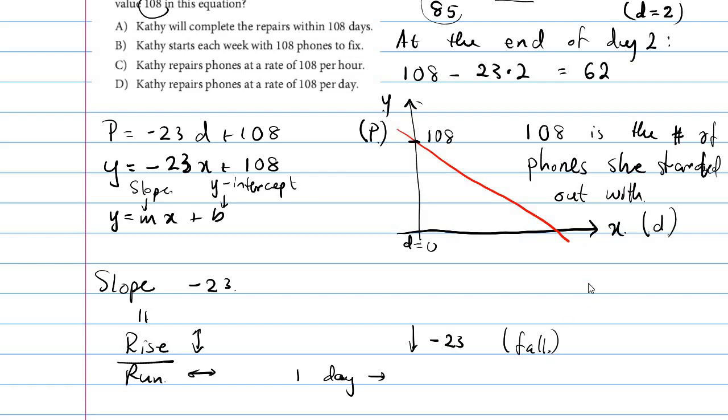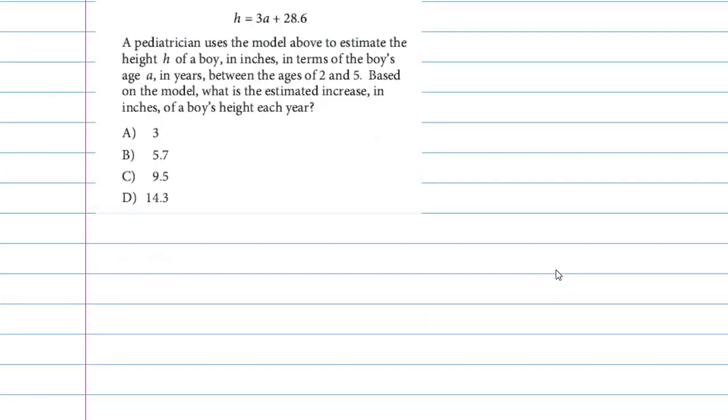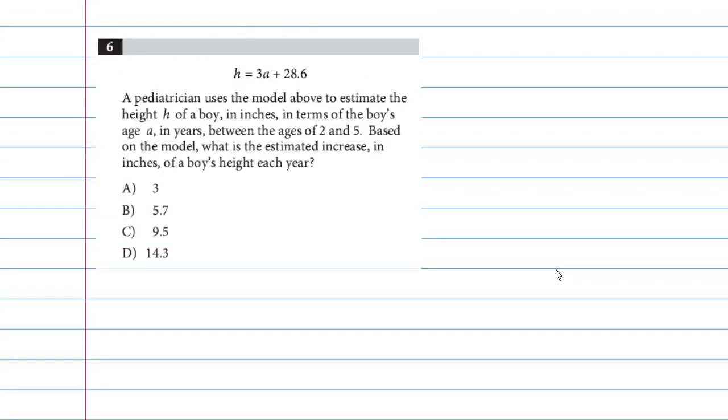All right, so maybe we can move on to the next question that I have prepared for today, which is also a related question. Okay, so more about slopes here. So this is also a word problem. Let's see. So h equals 3a plus 28.6.